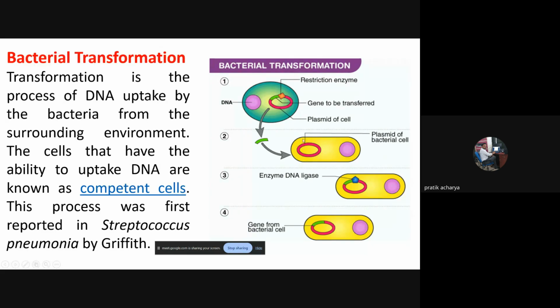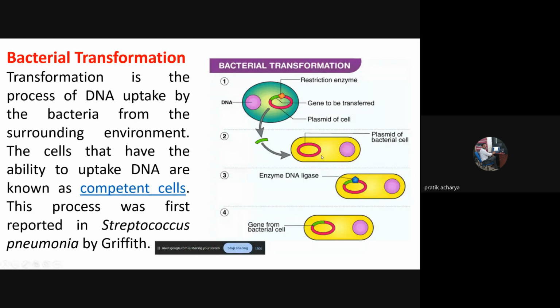The first blue picture is the heat killed strain, and this is the R strain. This harmless R strain receives the heat killed form's DNA, and that gene is incorporated into the bacterial genome.